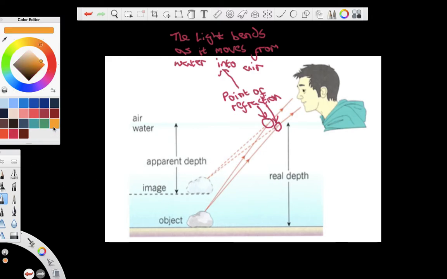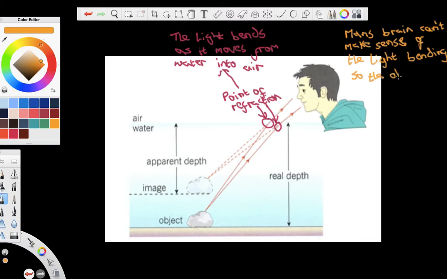So we can add here that the man's brain can't make sense of the light bending, so the object appears shallower.